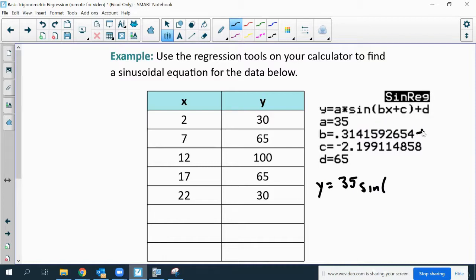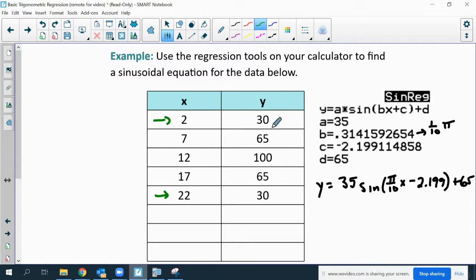That looks a whole lot like 1/10 pi. So pi over 10 x minus 2.199 plus 65.